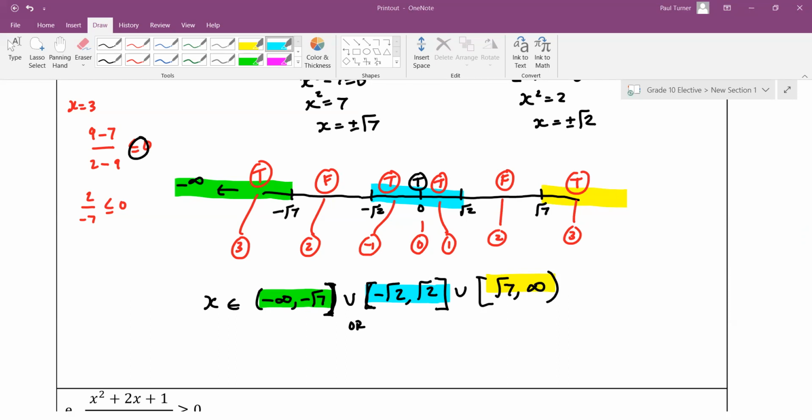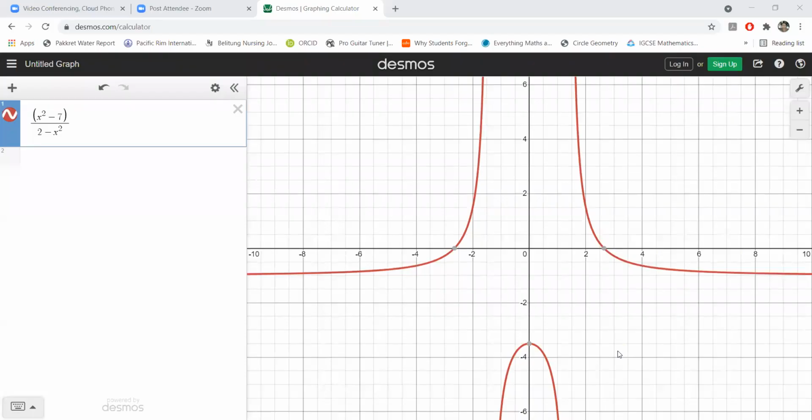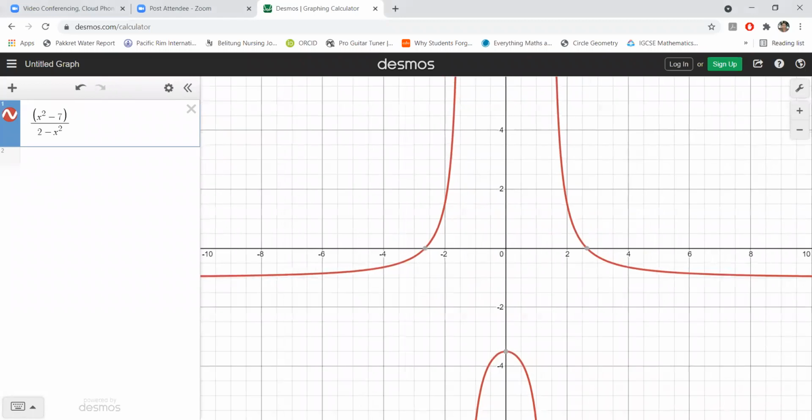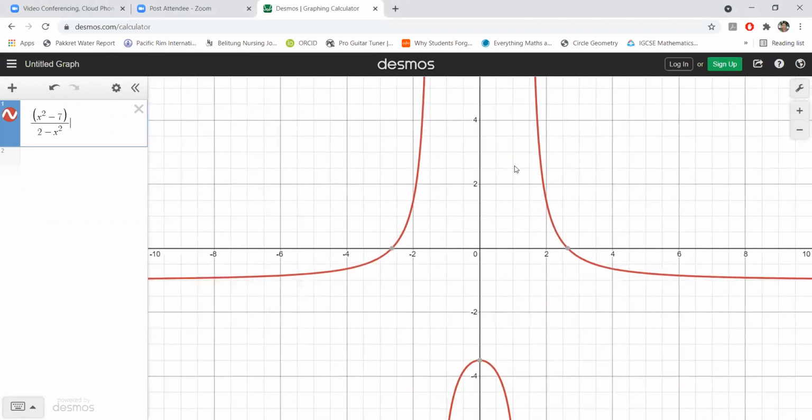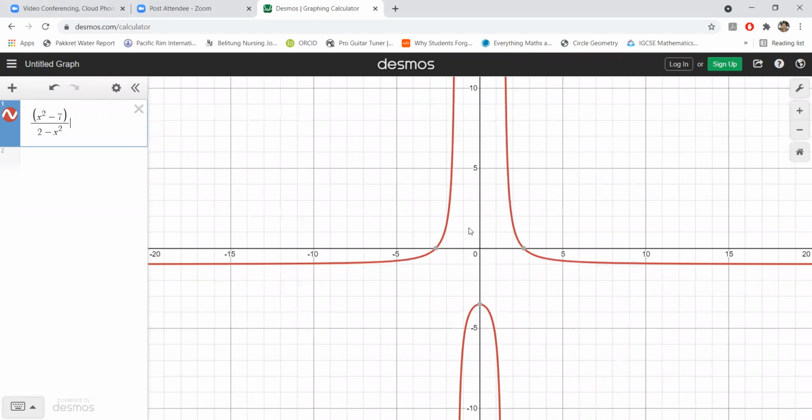So we've got x squared minus 7 on 2 minus x squared. Right, I'm just going to leave it like that. I'm going to share this new page here. Okay, so now you can see the graph, the actual graph. Let's make it a bit smaller. So it looks like that.